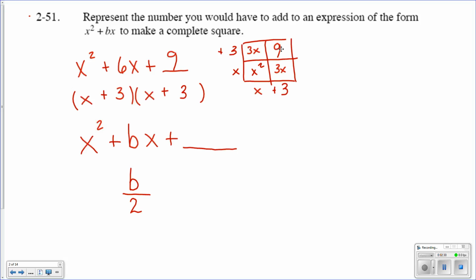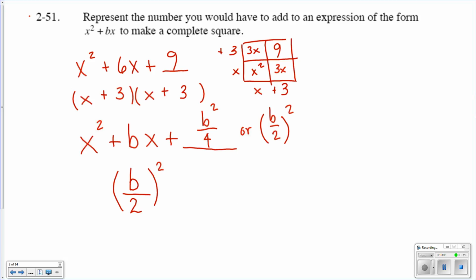Since they were the same, it's the same thing as squaring it. So we take half of the middle term and square it. We get b over 2 squared, or if you actually square it, b squared over 4. Let's put both of them there because I prefer the b over 2 squared, but I know the book prefers this one.